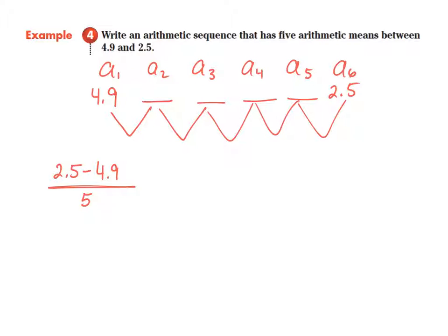If we make it the 6th term, it might be a little bit better because the number's a little cleaner. What do you want to do? Leave it? Okay. All right. So then if we do this, then we get negative 0.48. So that means if I do 4.9 minus 0.48, I have 4.42. Right? So each time I'm going to subtract 0.48.